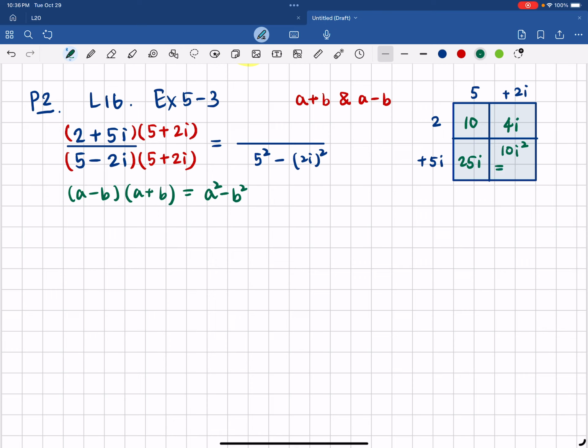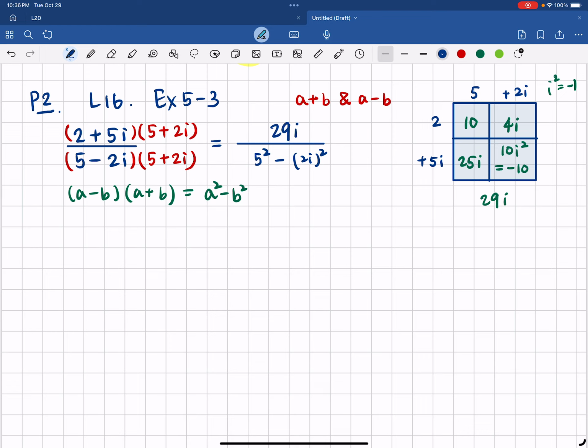And notice that i squared is negative 1, by definition. So this is negative 10. And then if we add them, we will notice that these two will cancel out. And the other diagonal, 25i plus 4i, that's 29i. So 29i goes to the top.